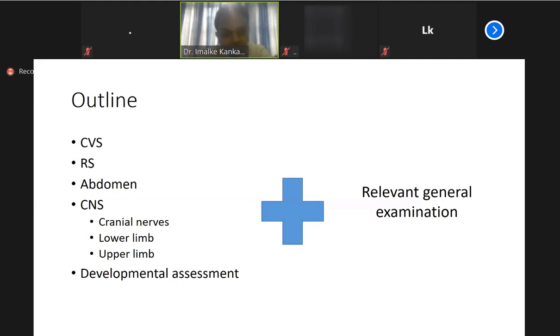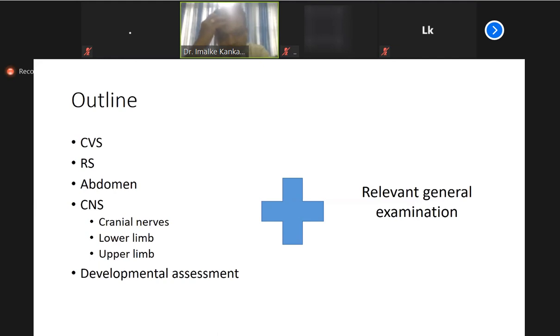But even though I put CNS under 3 terms like cranial nerves, upper limb and lower limb, sometimes the lower limb examination command may not be CNS relevant as well. Because children with erythema nodosum, children with HSP, children with rickets, we will ask you to examine the lower limb. But it's not a neurological examination, but the general examination and the relevant findings.